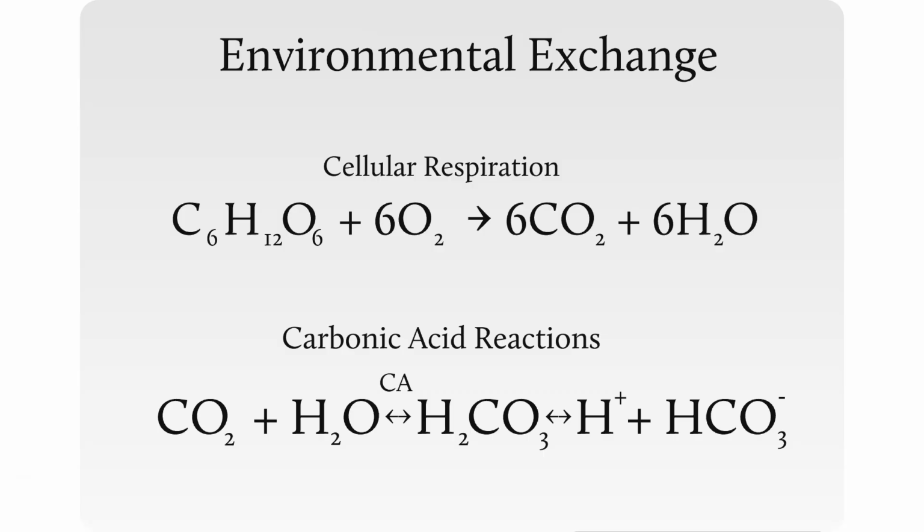And then an acid, by definition, in solution, will dissociate into the hydrogen ion, H+, and then in this case, the rest of the molecule is the bicarbonate ion, HCO3-. We'll see those two reactions quite a bit in this whole unit. It's another thing that ties all of the environmental exchange chapters together.